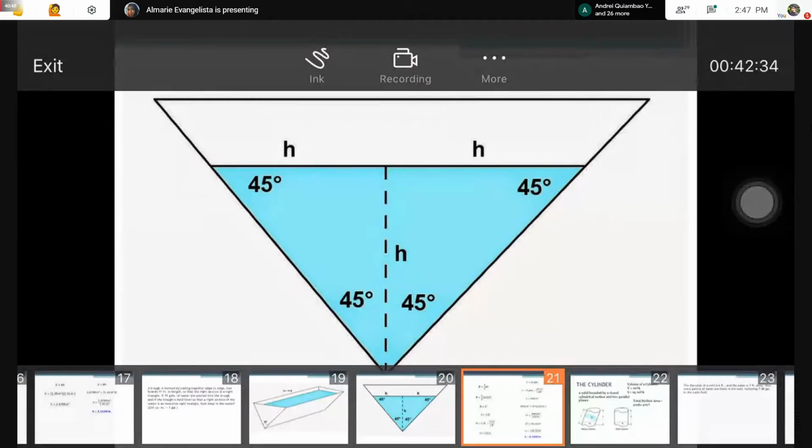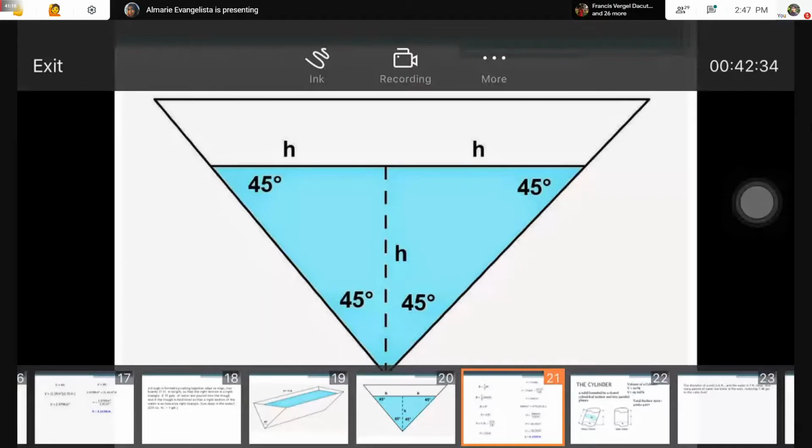The given volume is 15 gallons. Since it is a volume, we first need to convert it to cubic inches. 1 gallon is equal to 231 cubic inches, so converting it, the volume becomes 3,465 cubic inches.